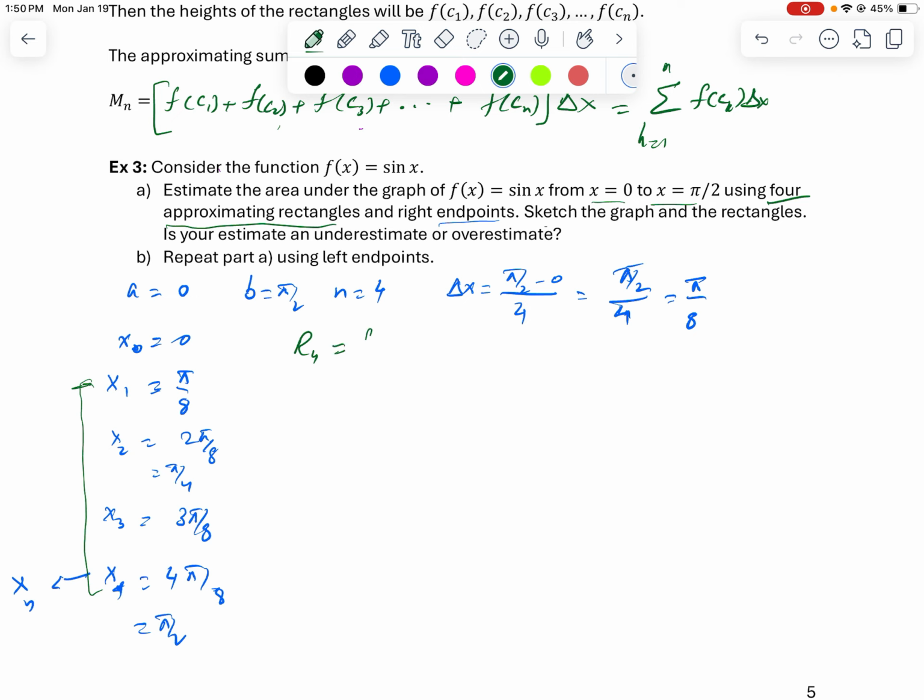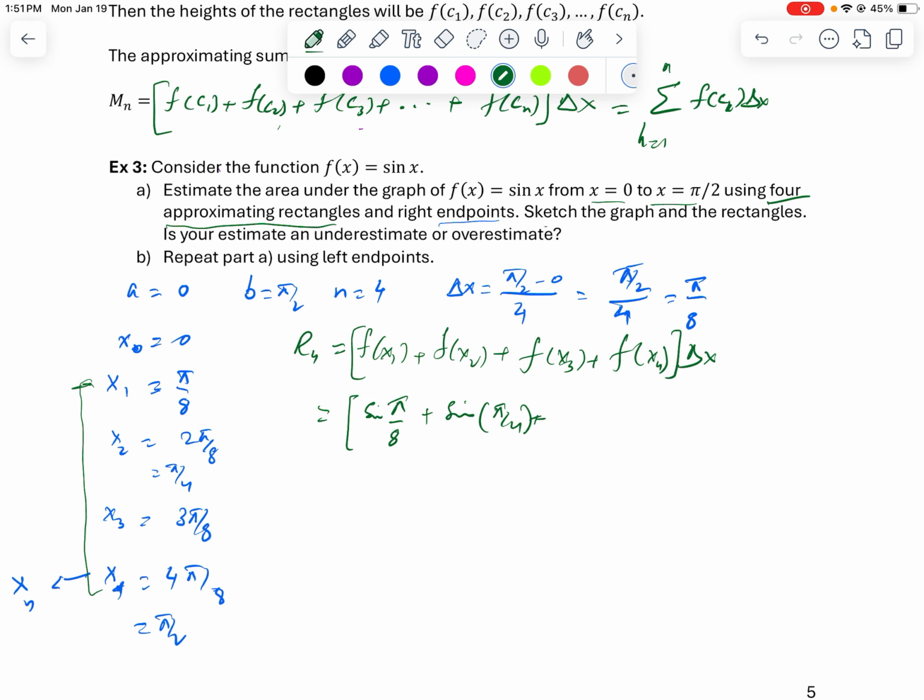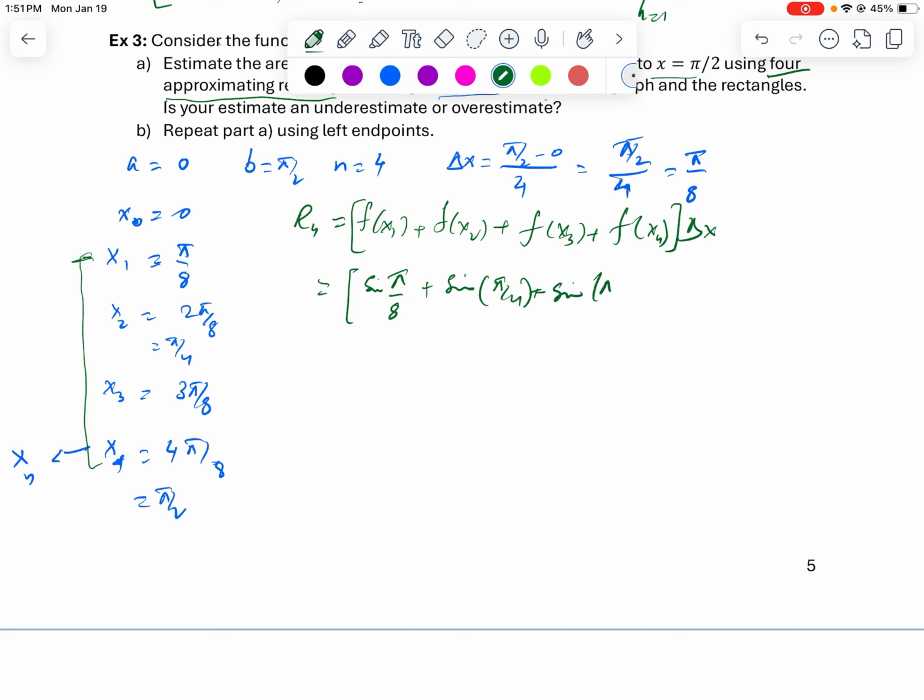So r sub 4 will be f of x1 plus f of x2 plus f of x3 plus f of x4, times delta x, which gives me sine of pi over 8 plus sine of 2 pi over 8, plus sine of 3 pi over 8, plus sine of pi over 2, and we have to multiply this whole thing by delta x, which is pi over 8.